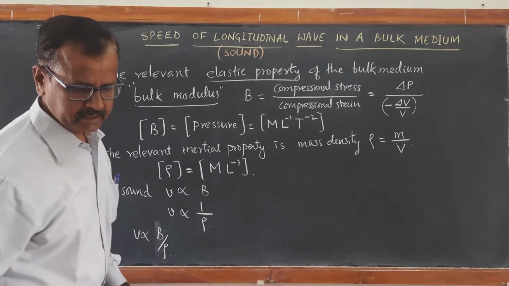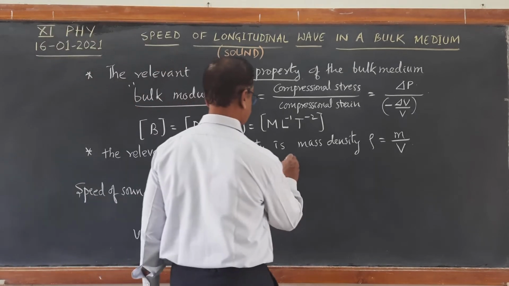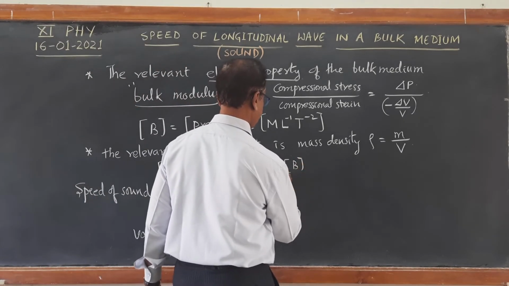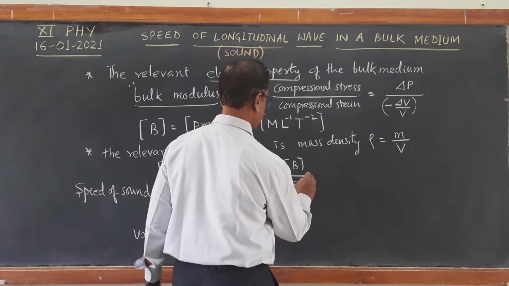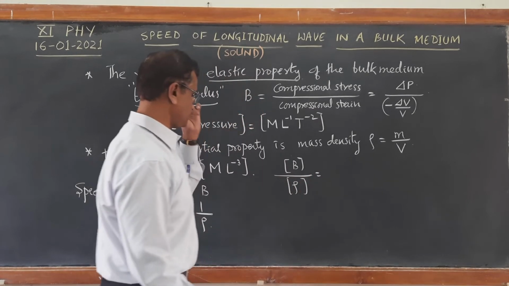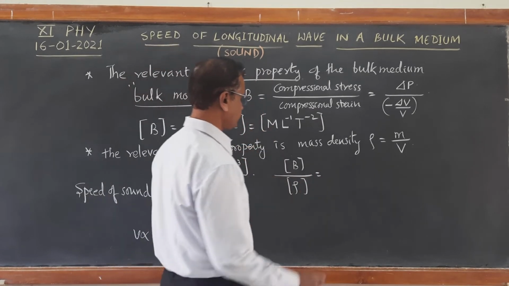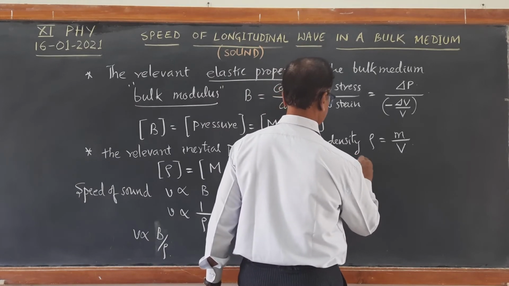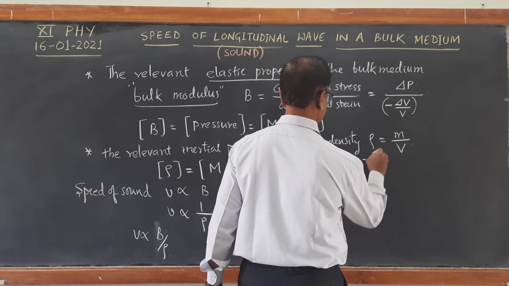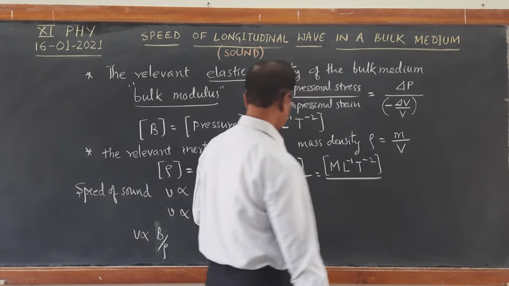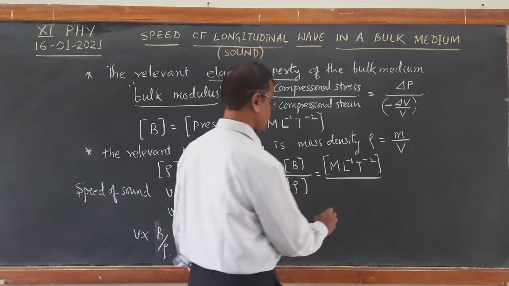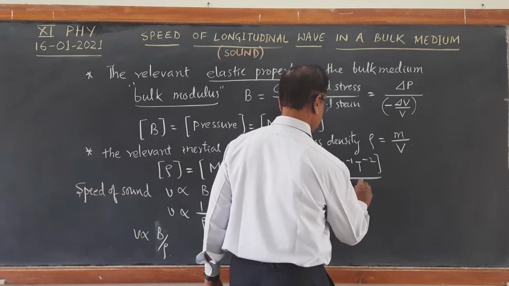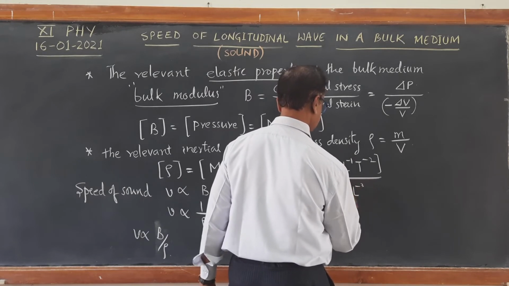If you take the ratio of dimension of B by dimension of rho, we are going to get the similar equation as earlier, M L raised to minus 1 T raised to minus 2, whole divided by density M L raised to minus 3.